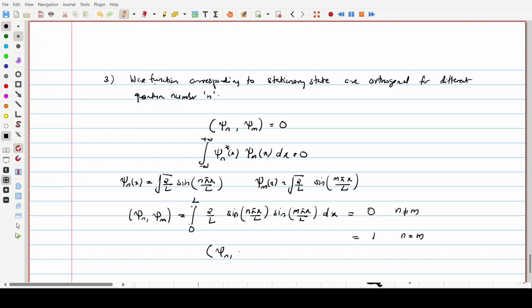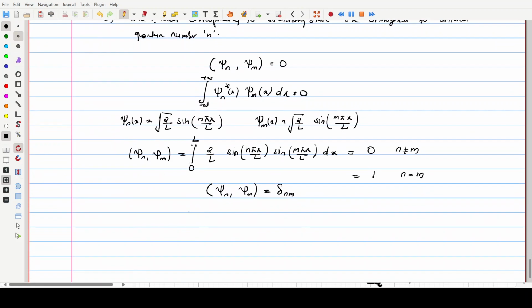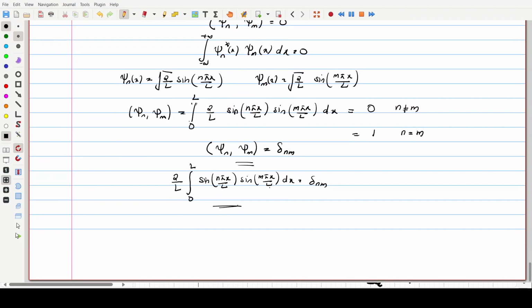The inner product of psi m and psi n is delta mn, or in the integral form we can write it as the integral from 0 to L of root 2 by L sine n pi x by L times sine m pi x by L dx is Kronecker delta nm. So this is again one important property of this energy eigenfunction.